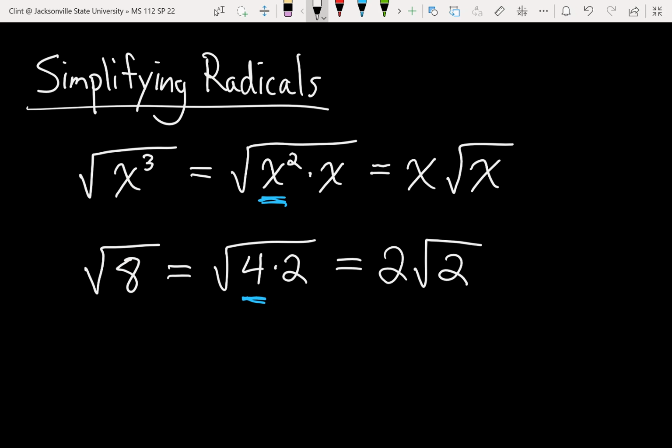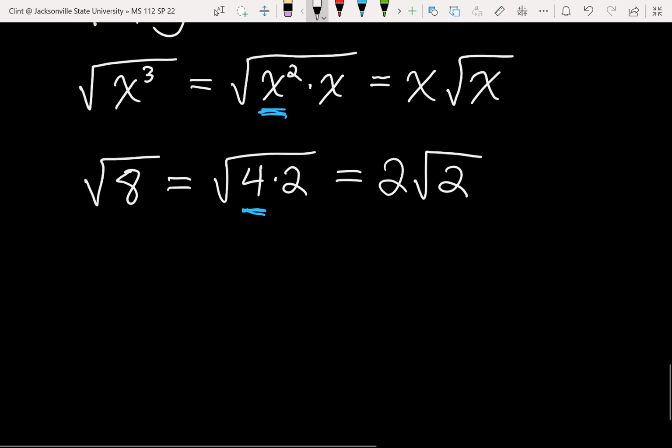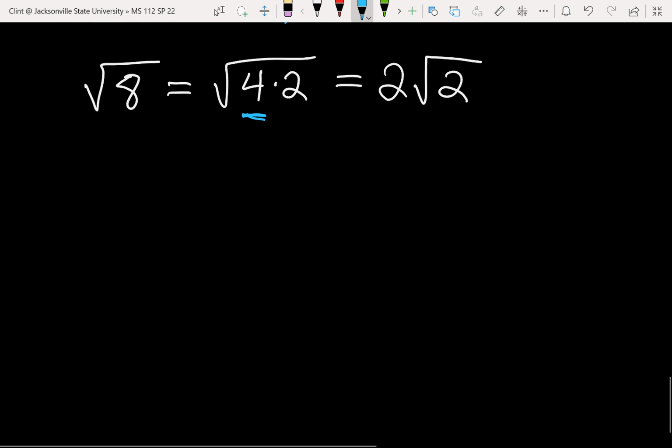Another way to do the same thing, so let's do square root first, and then we'll do a bigger one, and I'll show you why. So square root of 27.